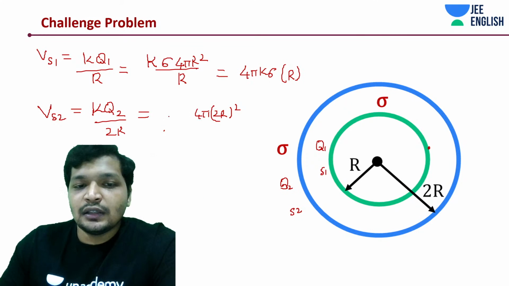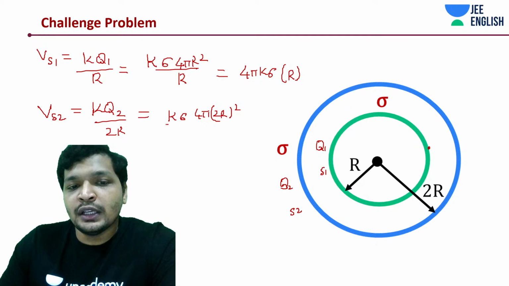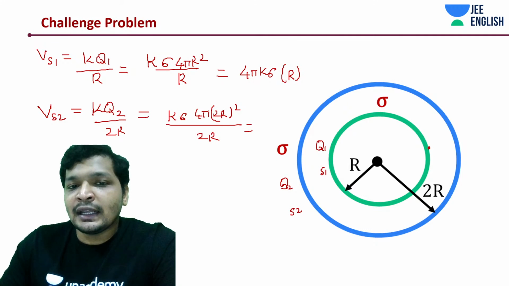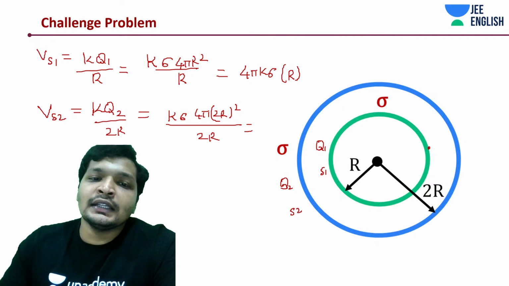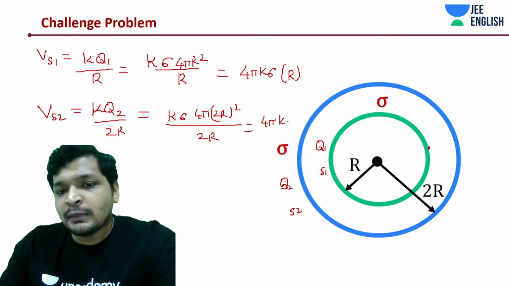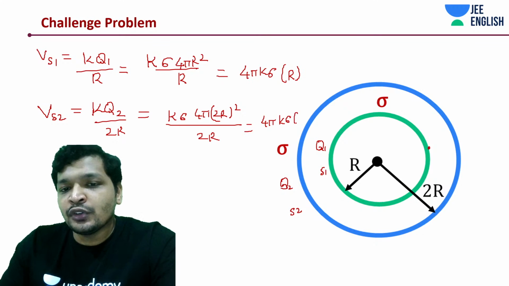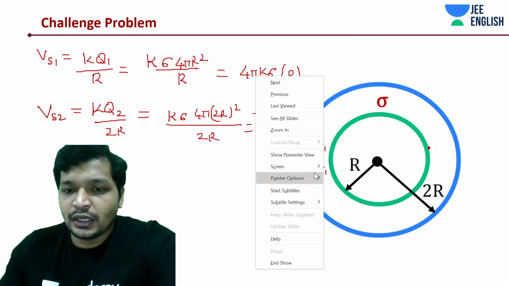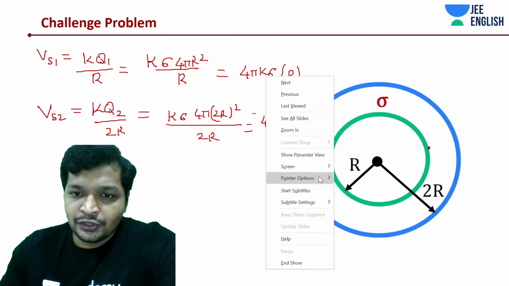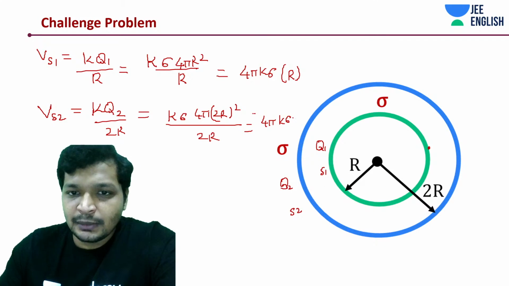So guys, do not go wrong over here, that means you have done the basic math wrong. Again, I'm going to take out 4 pi K sigma as common for both because ultimately you are going to add them. Then you'll have into 2R. We are just falling short of space, so let's keep it as 2.